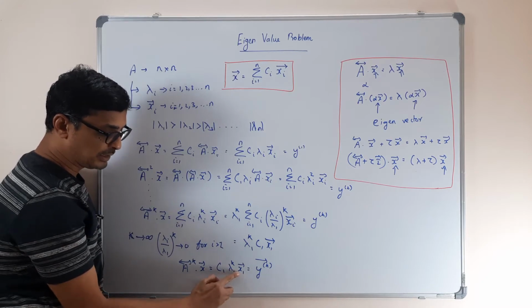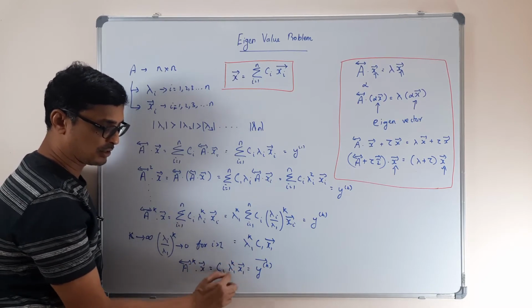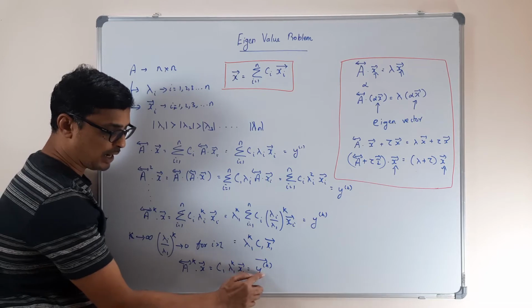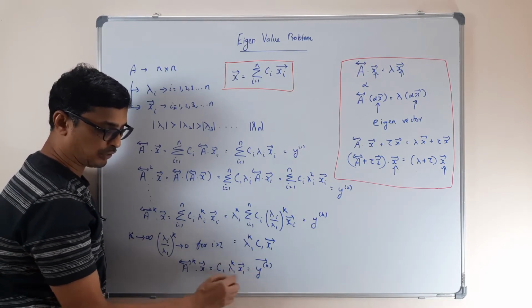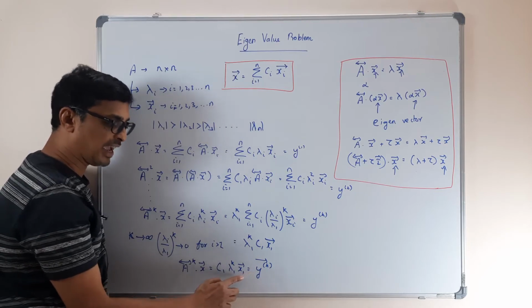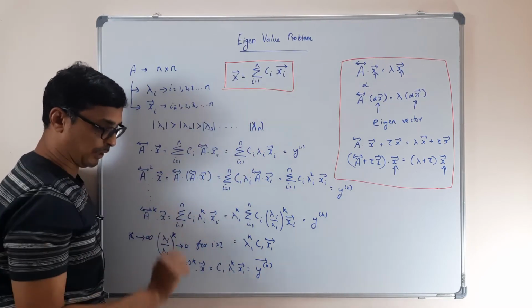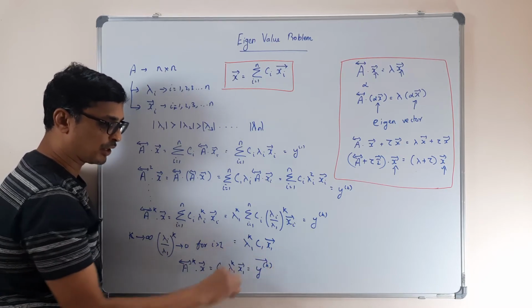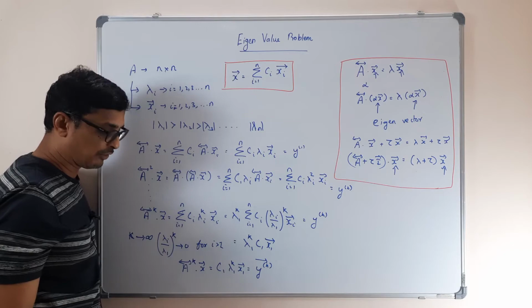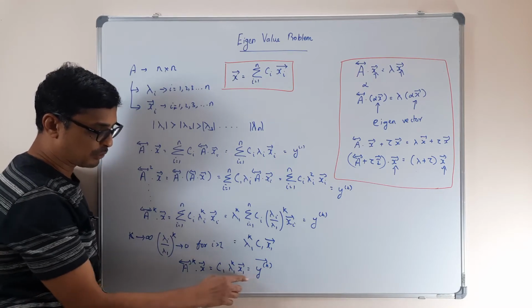This is a vector and these are all constants, so y is nothing but an eigenvector multiplied by a constant factor. Therefore, y is also an eigenvector. That's what we proved. So y is an eigenvector corresponding to the largest magnitude eigenvalue, the same as your x1 vector.